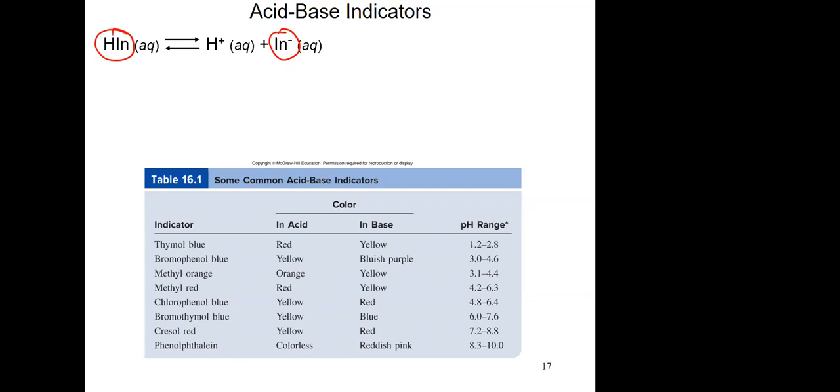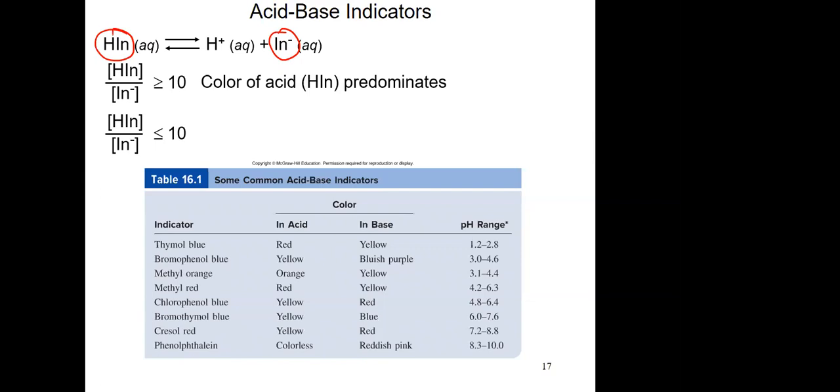If you look at the difference that they have, if the concentration of the protonated indicator over the deprotonated indicator is over 10, most likely the color of the acidic form predominates. But if it's the other way around, where the deprotonated indicator is higher than the protonated indicator, it's the color of the conjugate base that predominates.